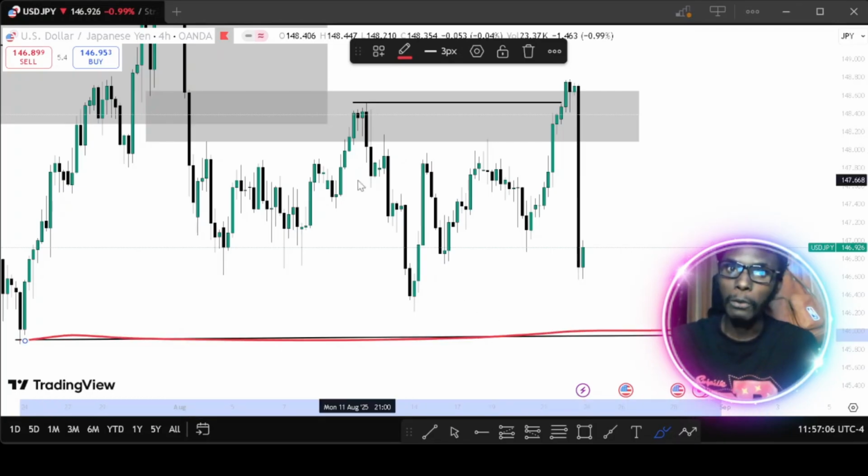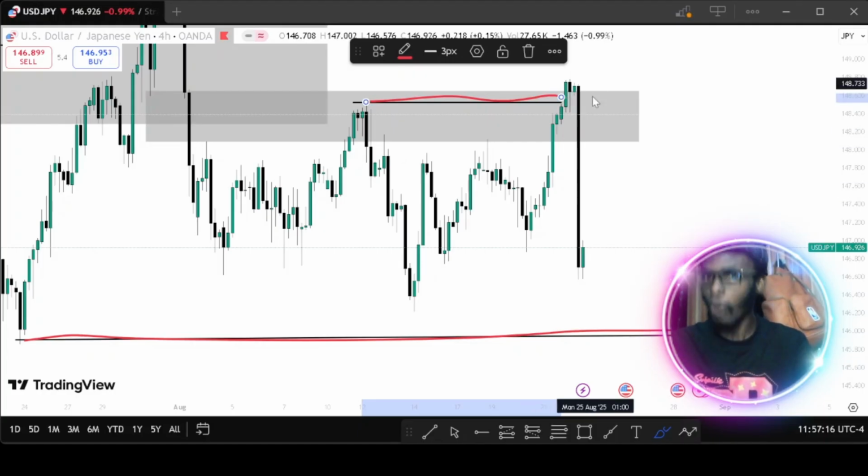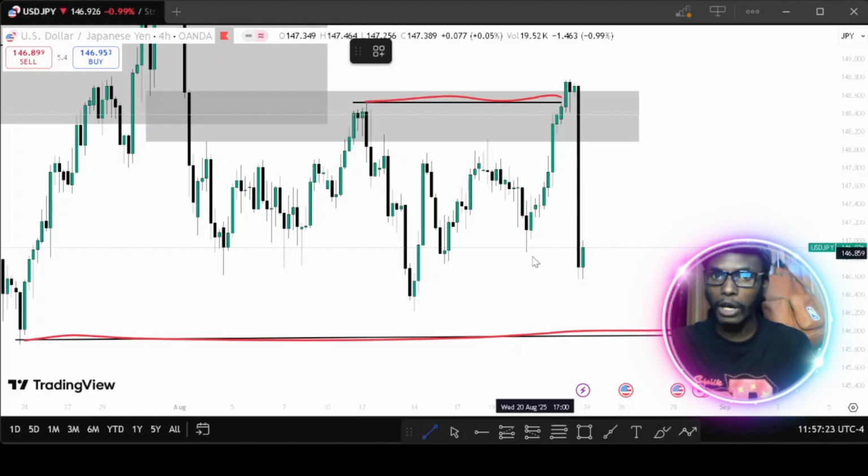But first of all, when price swept this daily inducement swing high right here, you can see the massive candle rejection off from that zone, giving us a new 4 hours market structure shift right here.